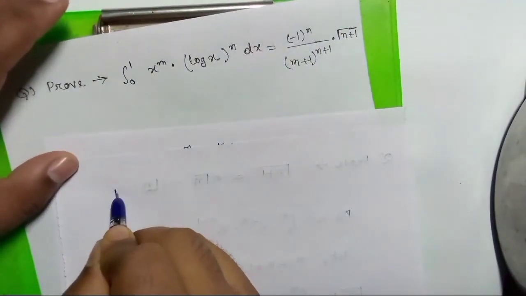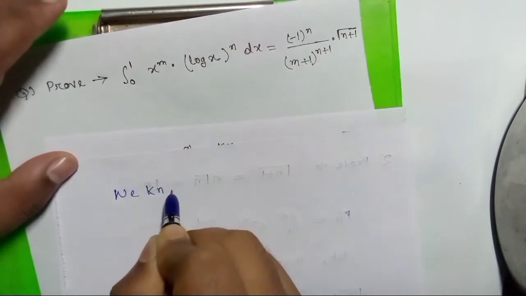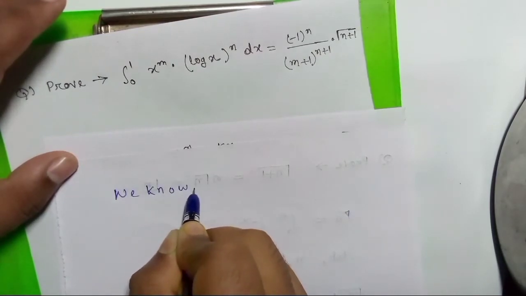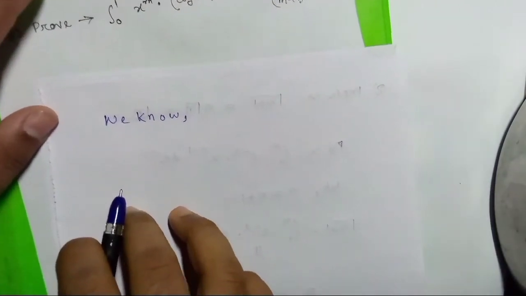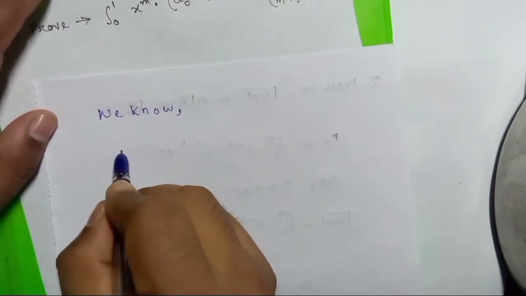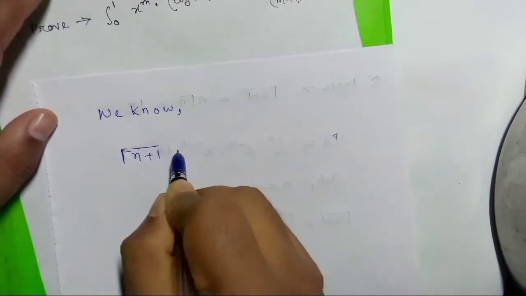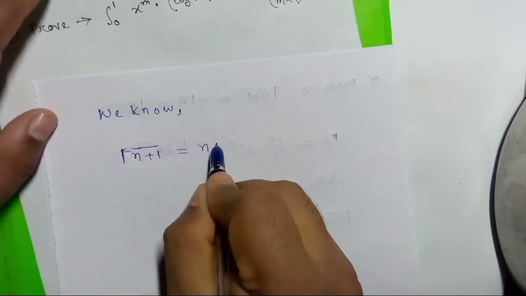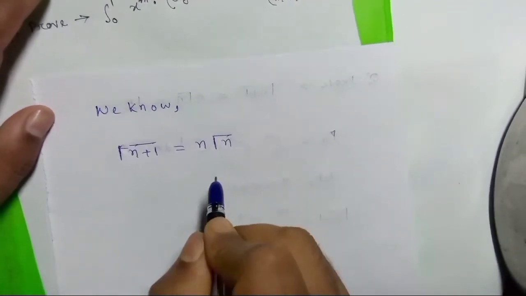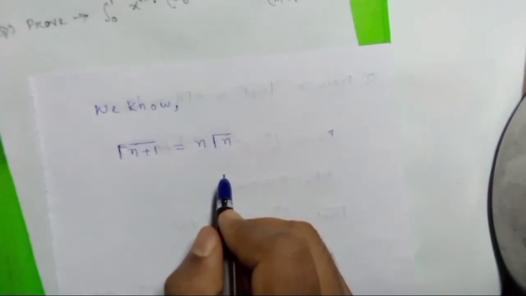We know, actually a little time ago we proved gamma of n plus 1 is equal to n gamma n.